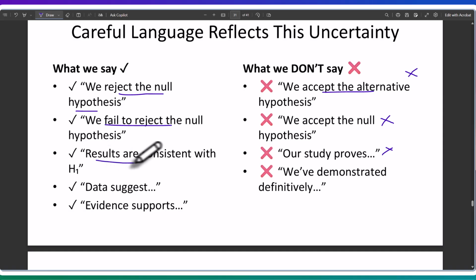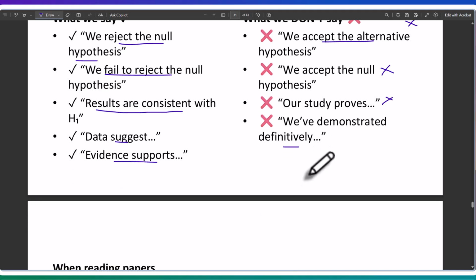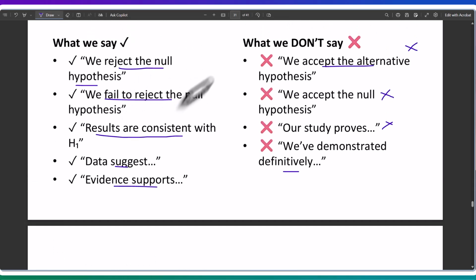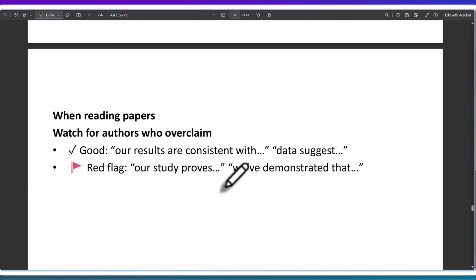We might say that it is consistent with some other explanation, or that the data suggests, or that the evidence supports, right? So we want to be careful of overstating our claims, given that everything is possible, even if it's not probable. And these are some of the words that have become accepted in how we communicate that.